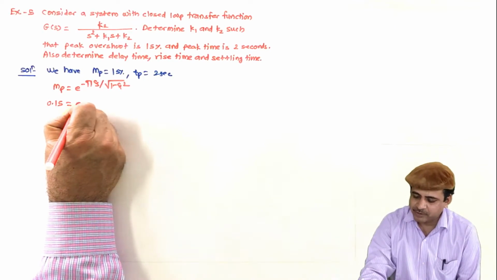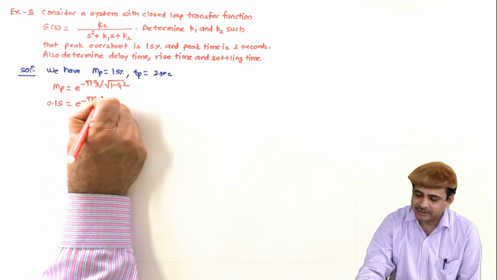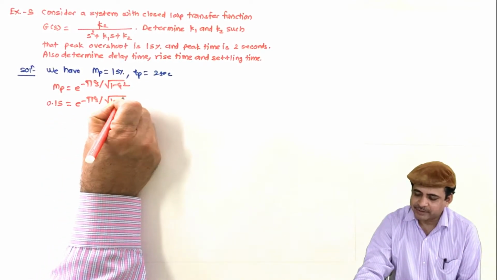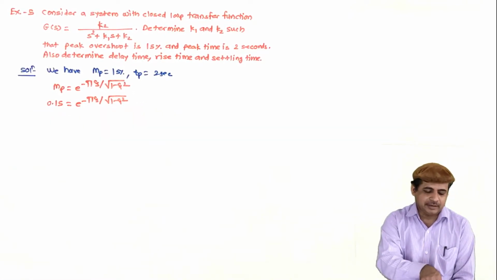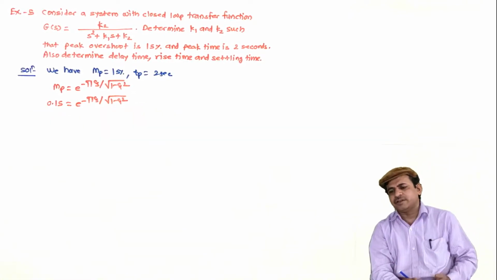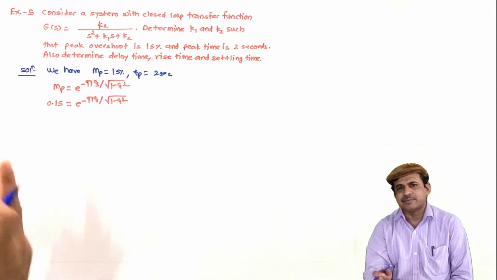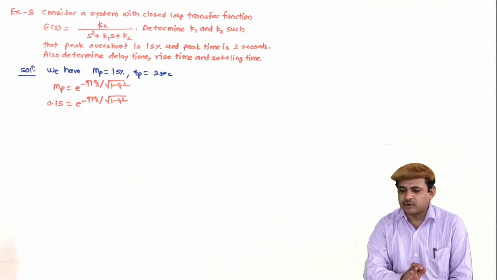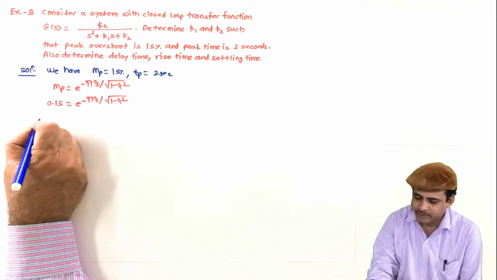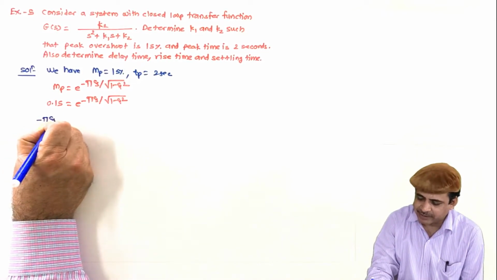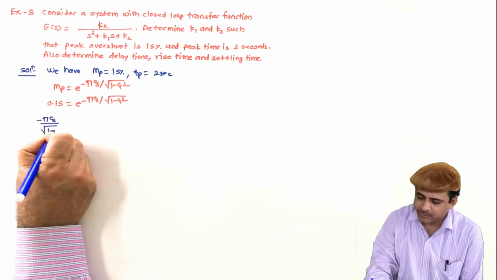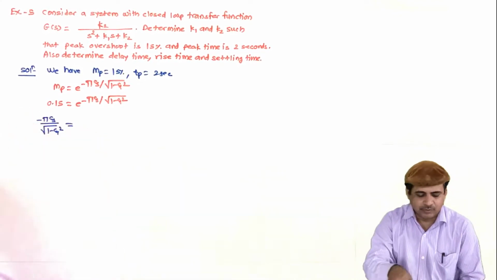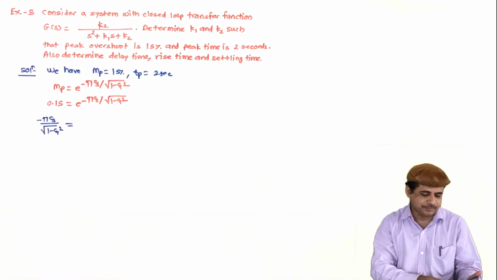So 0.15 is equal to e raised to minus pi zeta upon under root 1 minus zeta square. Nowadays in the new calculators such equations can be directly solved. However, we will go classically and we will take anti-log on both sides. So that will give me minus pi zeta upon under root 1 minus zeta square is equal to natural log of 0.15.